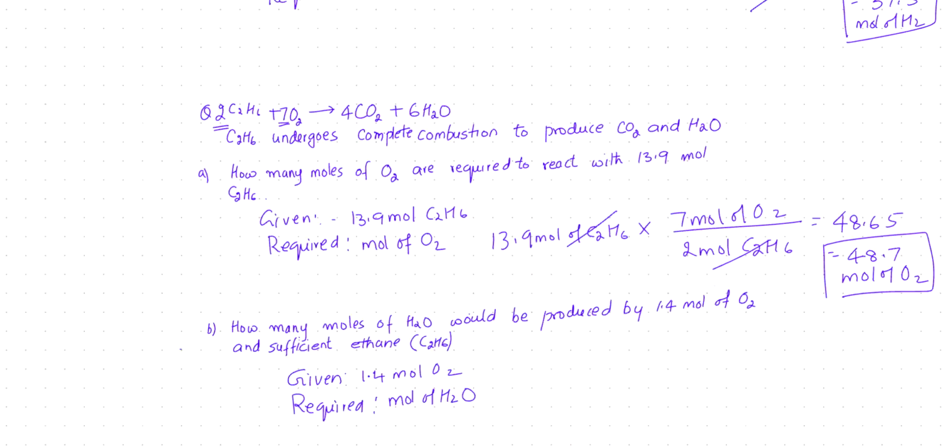So water is 6 moles of water and 7 moles of oxygen. So first we write the given amount, 1.5 moles of oxygen, times the mole ratio. We have to find moles of water, so 6 moles of water on top and 7 moles of oxygen below.